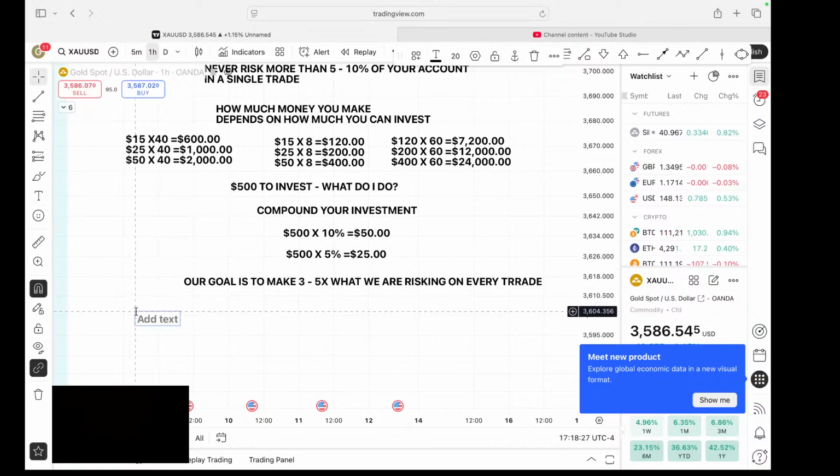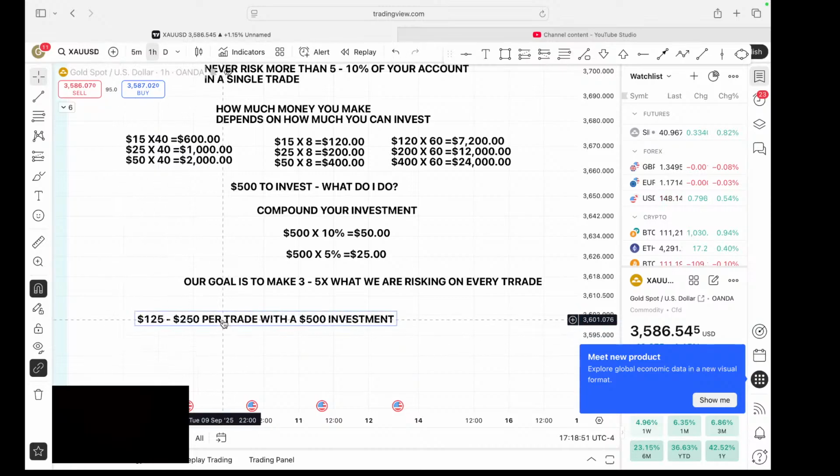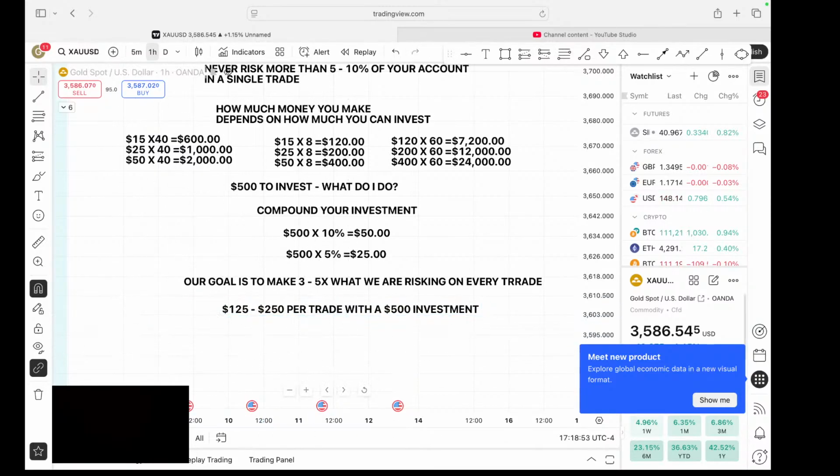So that means if you only have 500, you can make anywhere between, what's 25? 25 times 5 is 125. I'm gonna just do the math real quick. 125 to 250 per trade with a $500 investment. That's our goal.